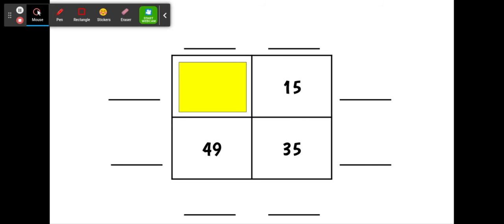Let's start with 15 and 35. If I start with 15 and 35, I have to think about what are the common factors. What is a number that I can multiply and get both 15 and 35?